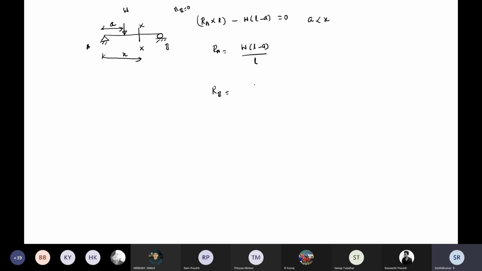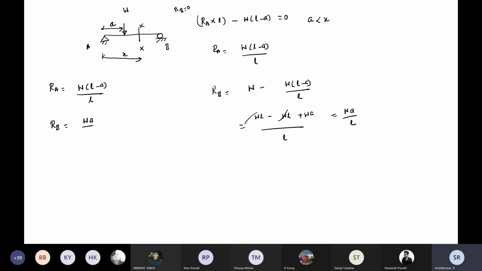Then accordingly my RB will be W minus W(L minus A) by L, that will be equal to WL minus WL plus WA by L, which equals WA by L. So RA equals W(L minus A) by L, RB equals WA by L.